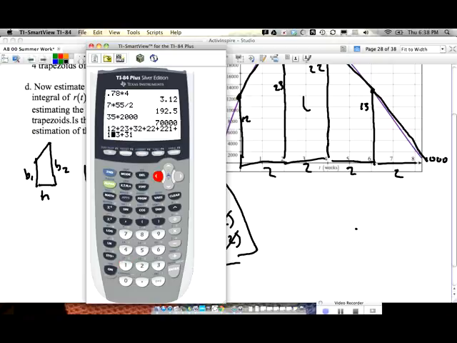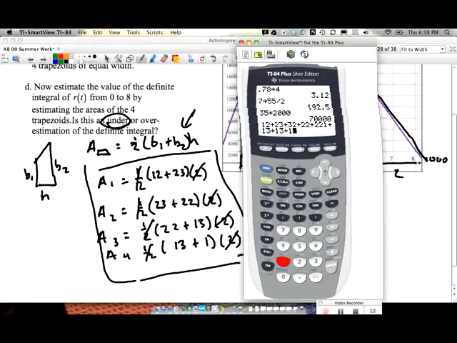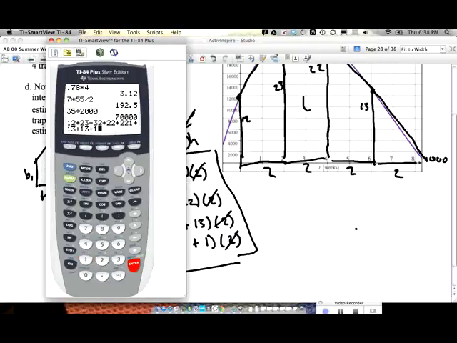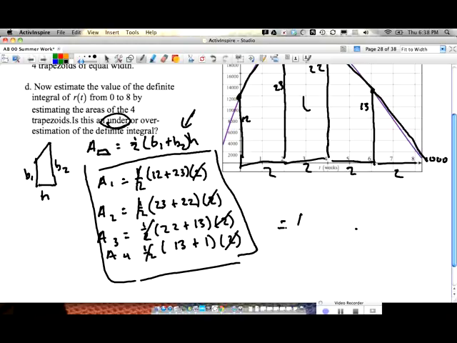Let's re-enter that. This 1 is extra up here. Those 13s were throwing me off. There we go. 138. So this equals 138.